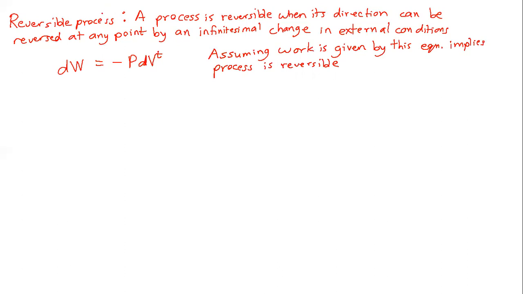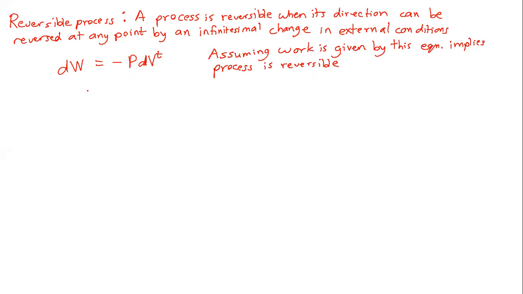And if there are pressure differences, if the pressure near the wall is not the same as some type of bulk pressure that you're measuring, then maybe you're not calculating the force correctly. So for reasons like that, this already assumes that the process is reversible.